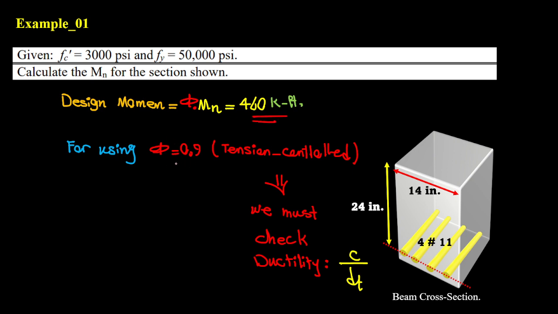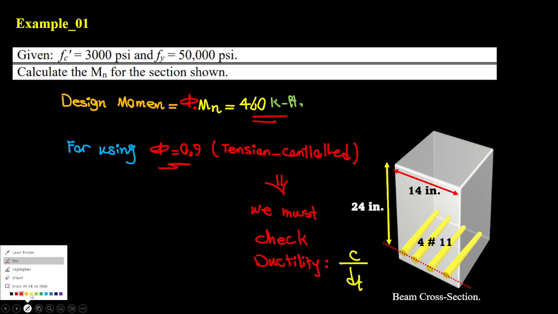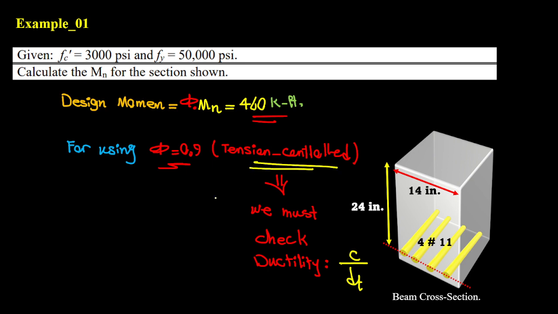For using phi of 0.9, we need to have a tension-controlled section. So we need to check whether we can use this coefficient, whenever you use the design moment, which is most often the case in problems.